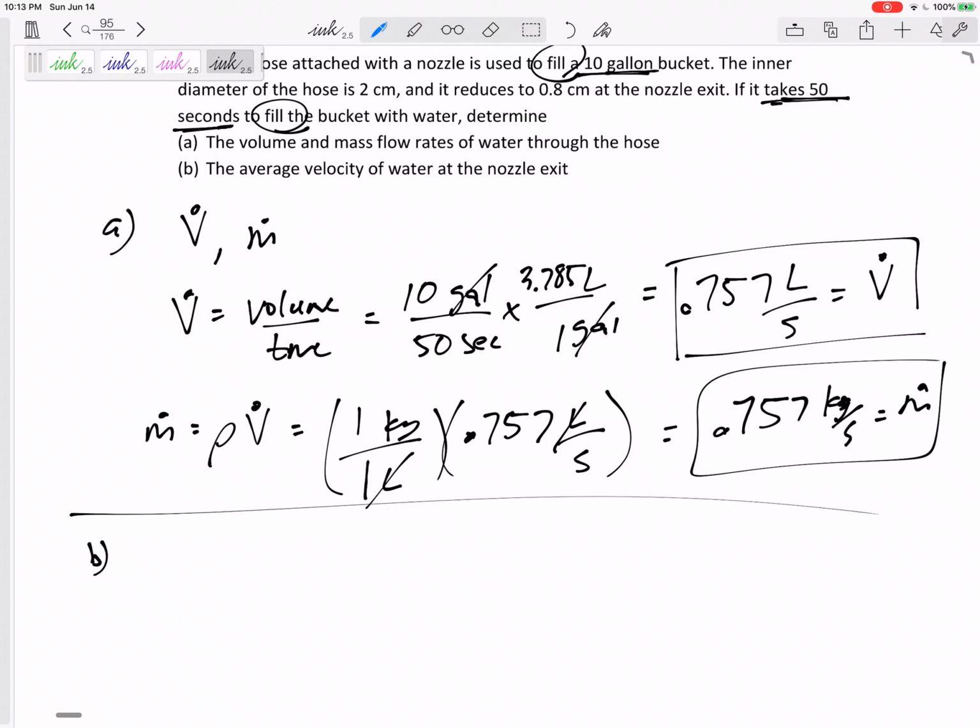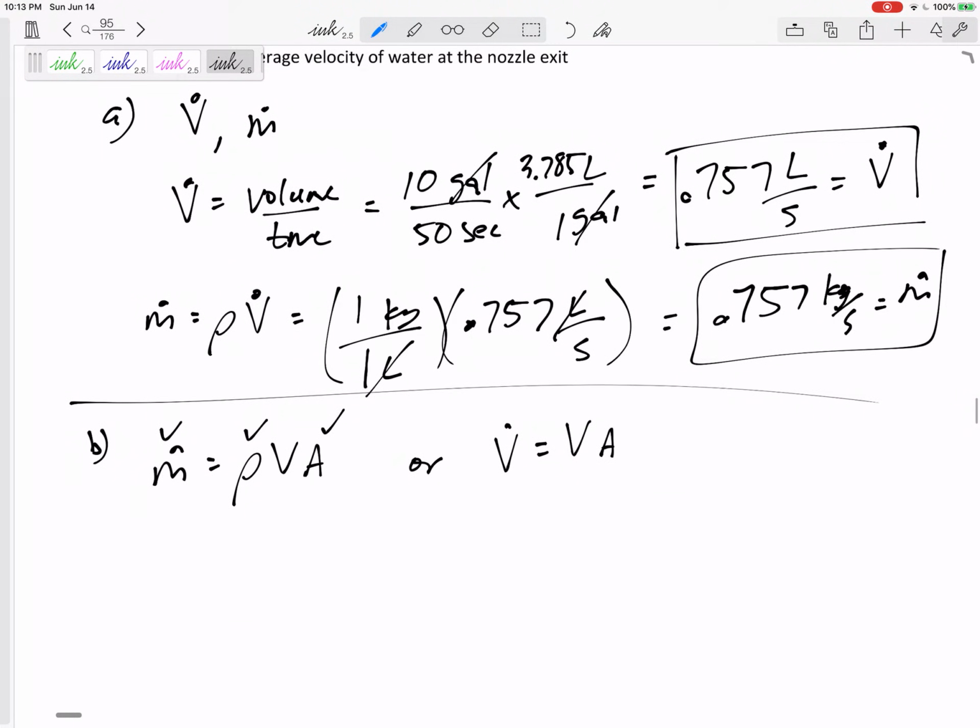Well, I could use M dot equals rho VA. I know the M dot, I know the rho, I know the cross-sectional area. It reduces to, well, a diameter of 0.8. I could find the cross-sectional area. Or V dot is V times A. Yeah, either of those would work.